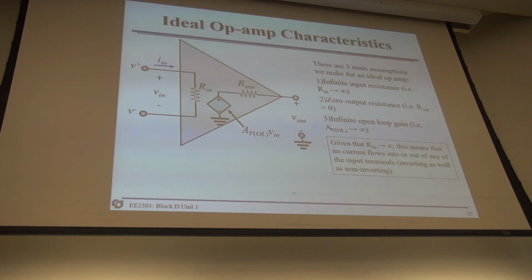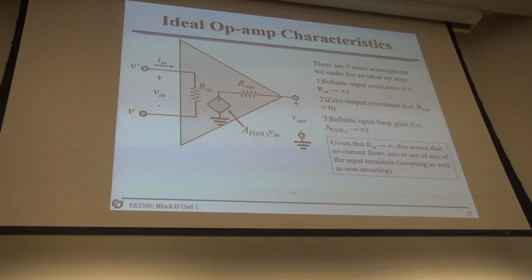Because R in is almost infinity, what can we say about I_in in blue? Almost zero, because this is almost an open circuit. Infinity means open circuit, right?